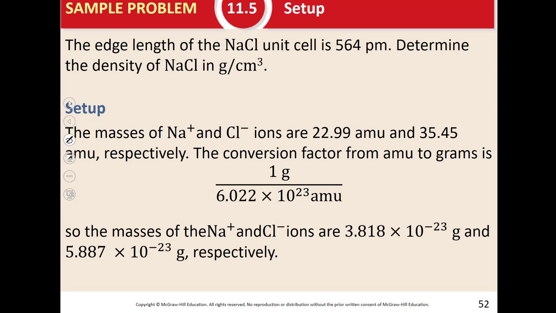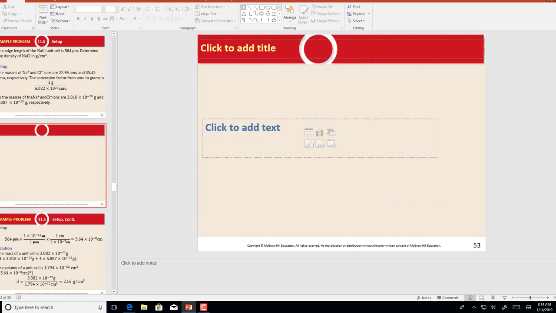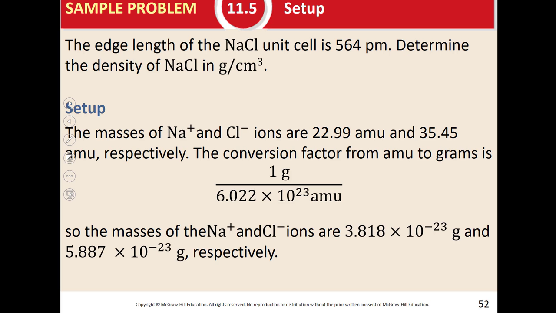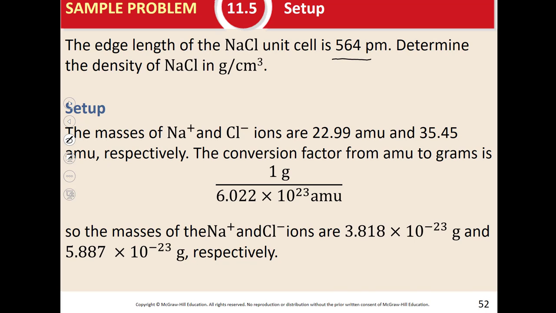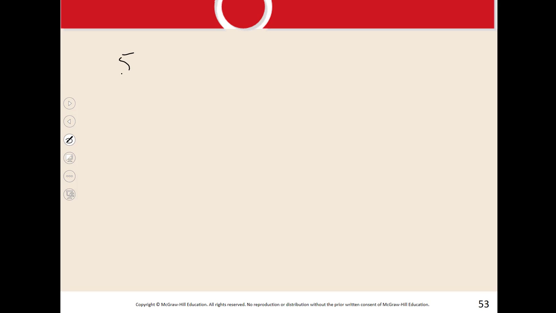So that's 564. Let me start up a new slide here to give us some space to calculate. So we're told that the edge length is 564 picometers, and that we have sodium chloride.